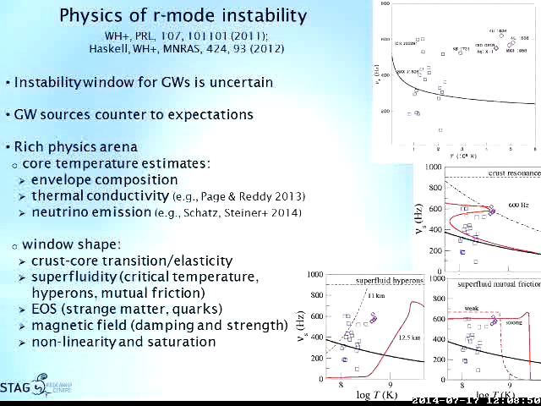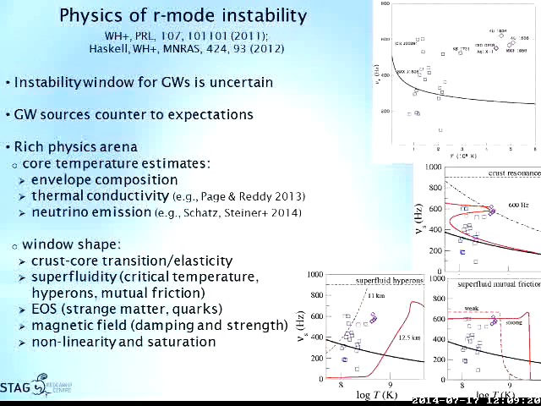How much can the R mode oscillation penetrate into and drag along the crust? There's superfluidity and mutual friction, hyperons, strange matter, magnetic fields. R modes are just rich in physics, and that's why they're of interest, at least for me.